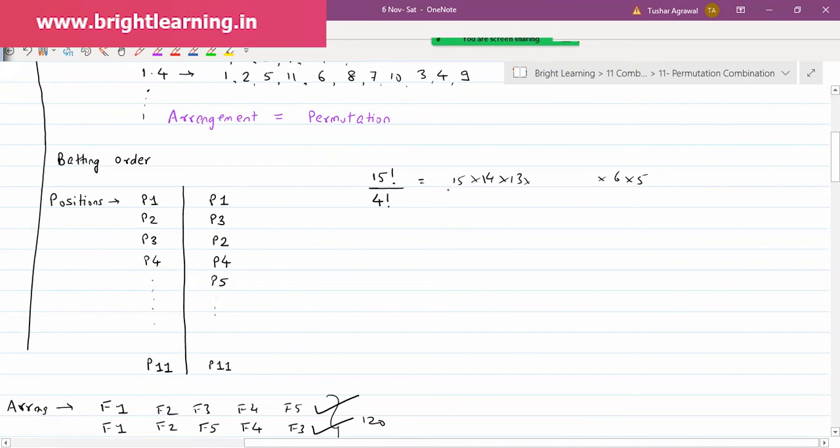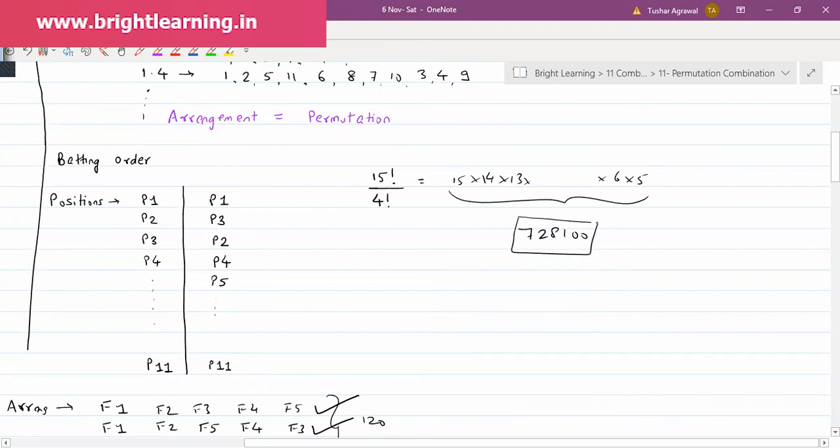So whatever this big number is, that will be the answer. And in the options, hypothetically, let's say this number is 728100. The option will not be given as 728100.